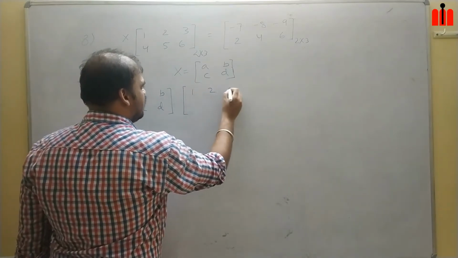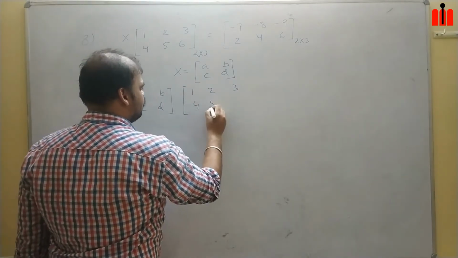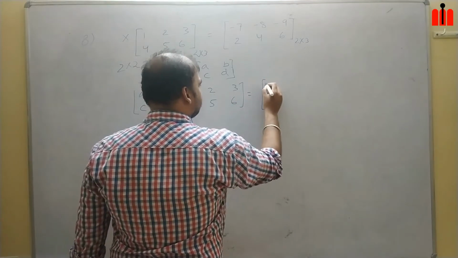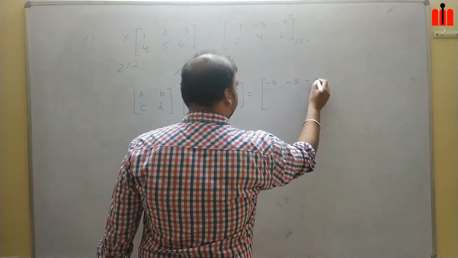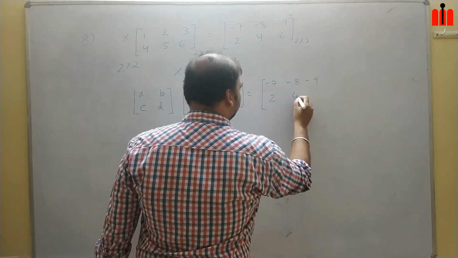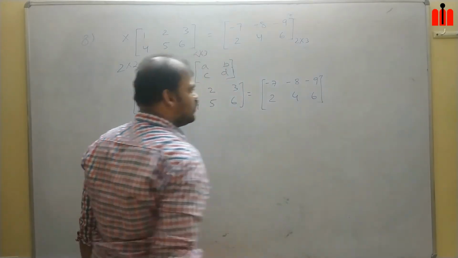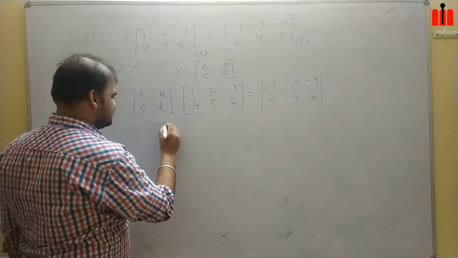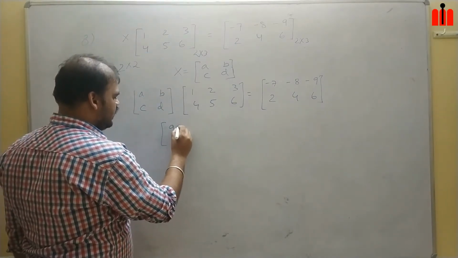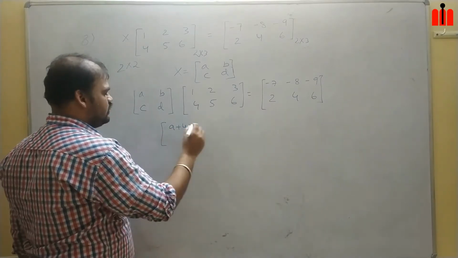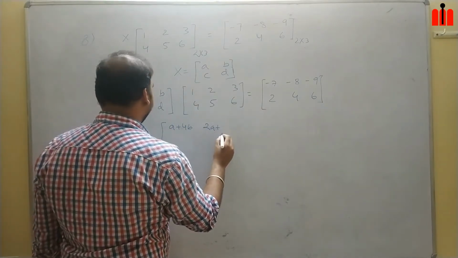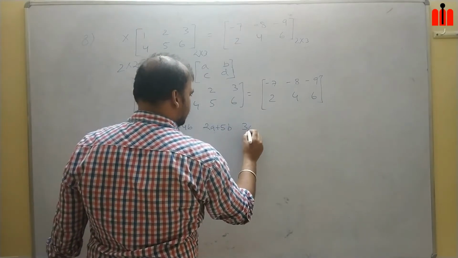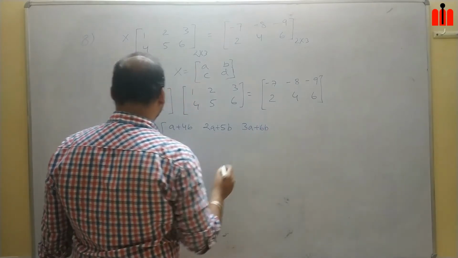So let's move forward. Matrix [a b; c d] times [1 2 3; 4 5 6] equal to minus 7, minus 8, minus 9, 2, 4, 6. Now let's multiply these two matrices. Then we will get a plus 4b, 2a plus 5b, 3a plus 6b.